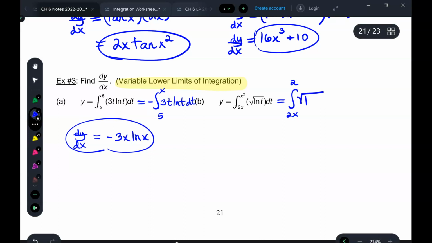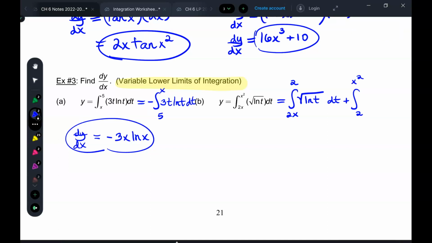So here I have natural log of t dt, whatever that upper limit of integration is, plus 2 to x squared of natural log of t dt.